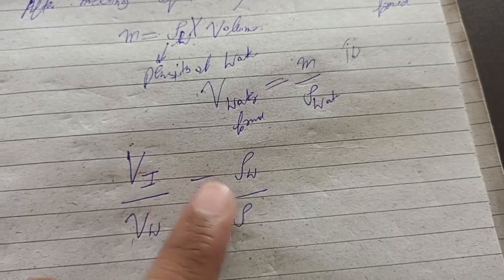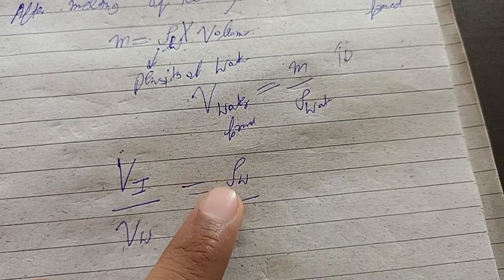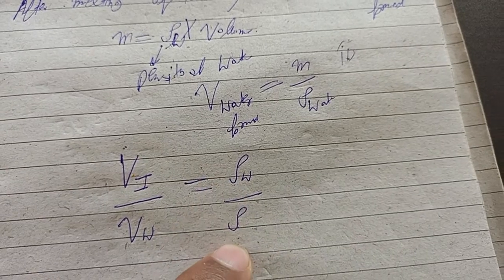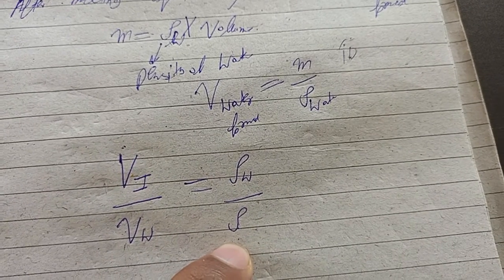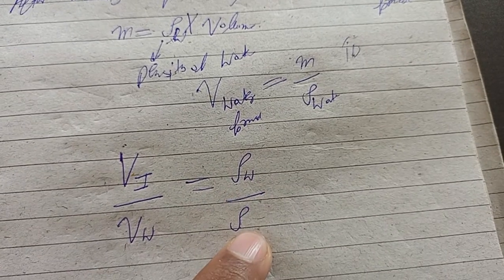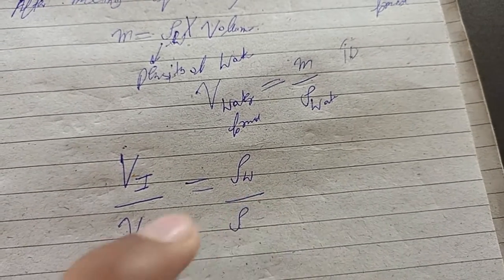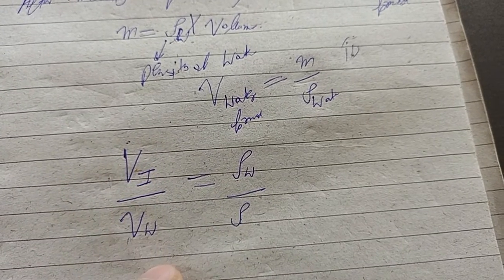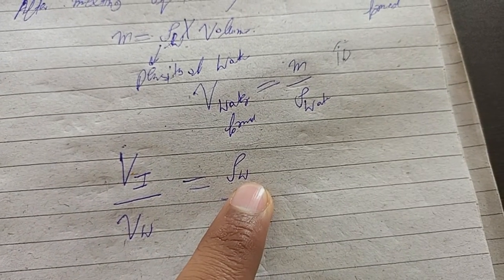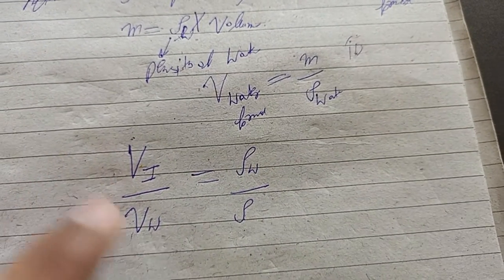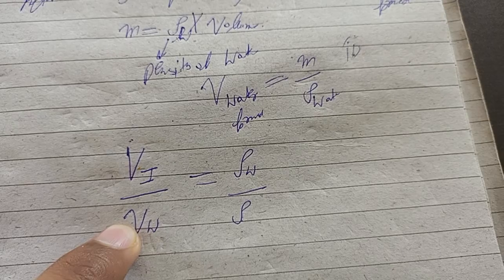So we were deducing some conclusions. Let's say the density of water is more than the density of this liquid. What does this conclude? If rho W is greater than rho, then this ratio should remain the same. So if rho W is more, Vi would be more and Vw would be less.